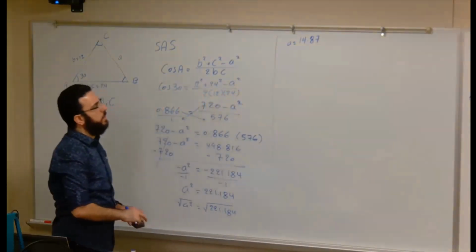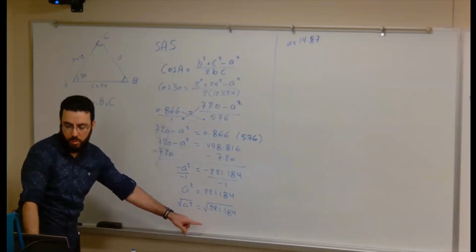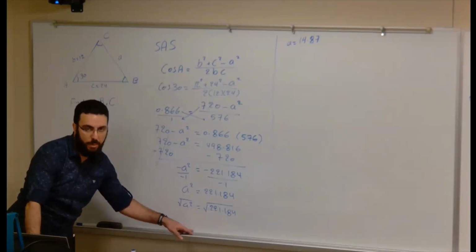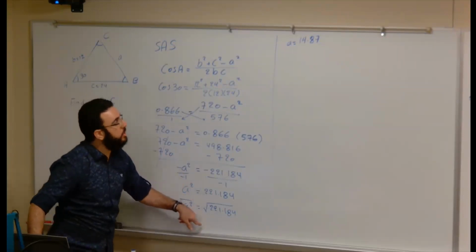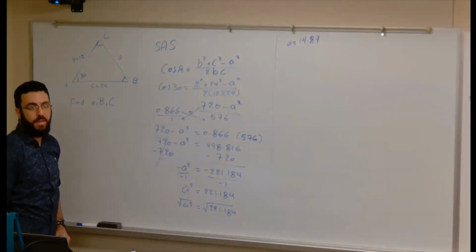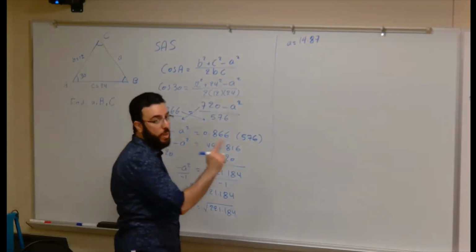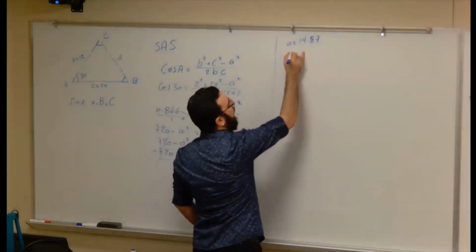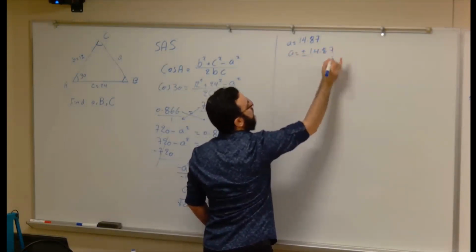When you're taking the square root of any number, you have to put a plus or minus. Yes or no? So why didn't we put the minus? Because when I'm taking the square root of any number, I'm going to get two results, plus or minus 14.87.